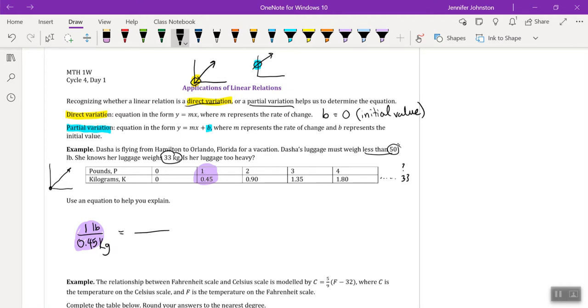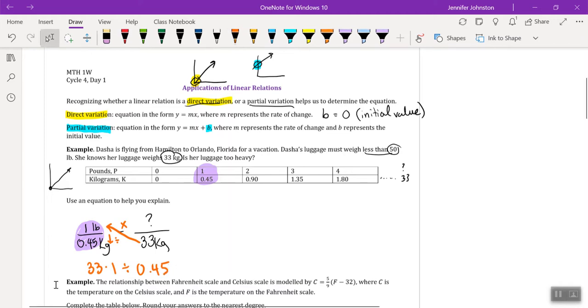Where does that 33 go? We don't need the 50, we just know that it has to be less than 50. 33 goes here, because it's also kg, so kgs are all along the bottom. And how many pounds is that? So cross multiply, divide. We're going to do 33 times 1 divided by 0.45.